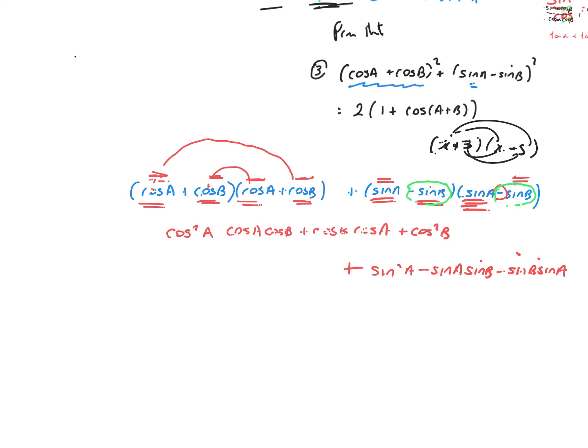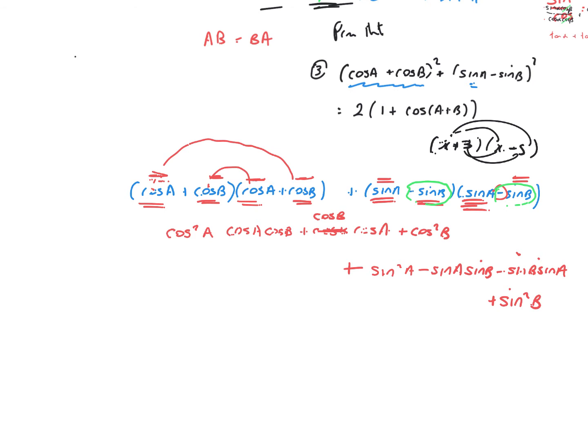Okay, so let's see if we can collect some things together. Now remember that AB is the same as BA, just in the same way as 3 times 4 is the same as 4 times 3. So what I've got now is cos A cos B and cos B cos A, so they're the same thing.